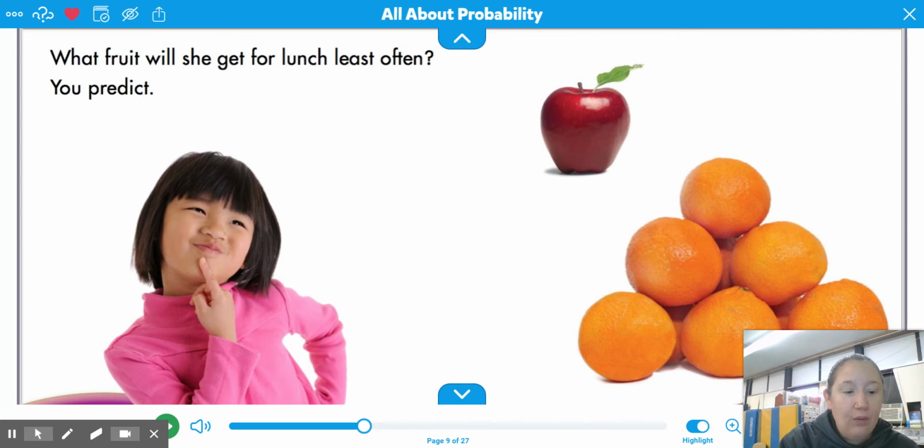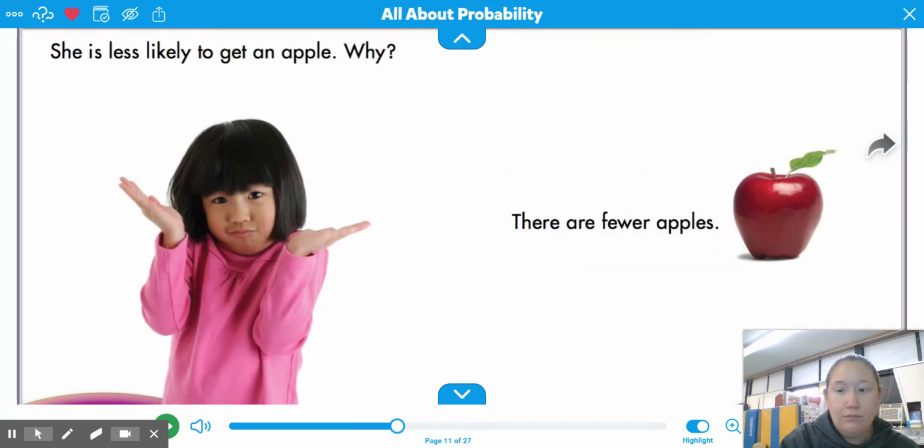The apple or the oranges? Less. She is less likely to get an apple. Why? Because there are fewer apples than oranges.